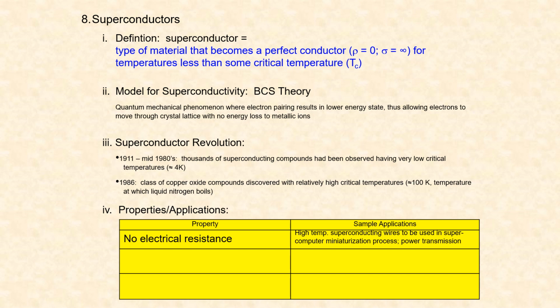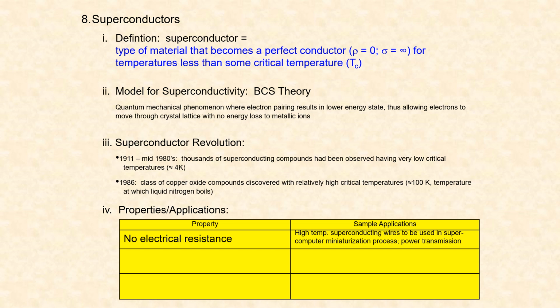The problem with supercomputing is that when you cram too many conventional wires into a small space, it generates a lot of heat because of the resistance. But if you're using superconducting wires that have no resistance, you don't have that problem. So you can cram a lot of superconducting wires into a small space, with no heat being generated.